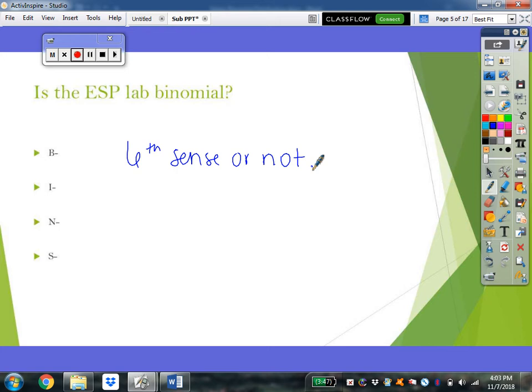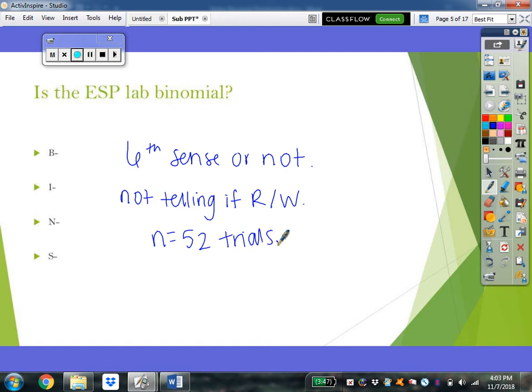This keeps it independent, so they're not tempted to say a certain suit the next time. And then N, how many trials did you guys do? Well, you went through an entire deck of cards, so that was 52, so N equals 52 trials. And lastly, success. If we know that there's 4 suits, then what's your percent chance of getting them correct? Well, that's a 25% chance each time.